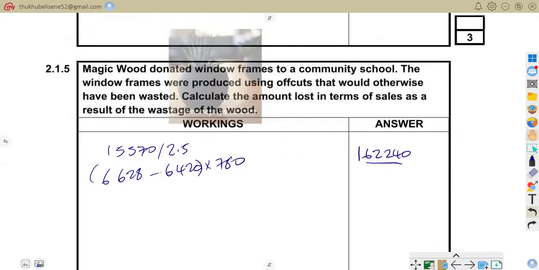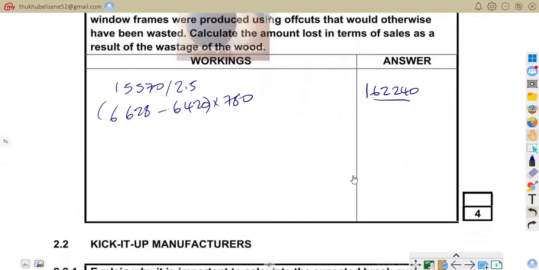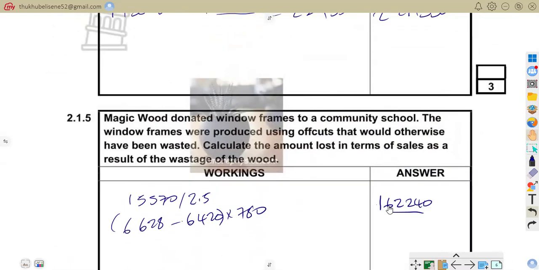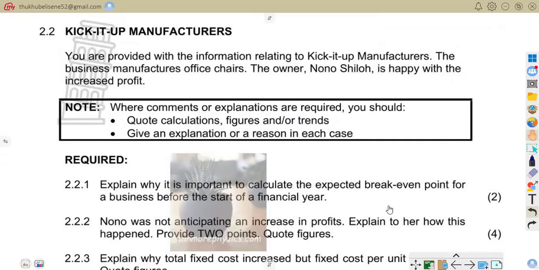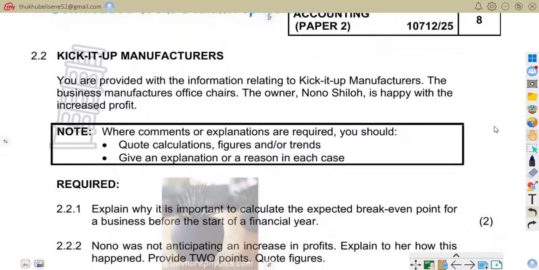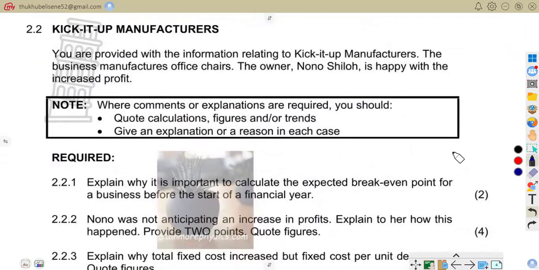So now we are to go to another question, which is 2.2. So here we are on 2.2, this is 2.4, that is Kick It Up Manufacturers.